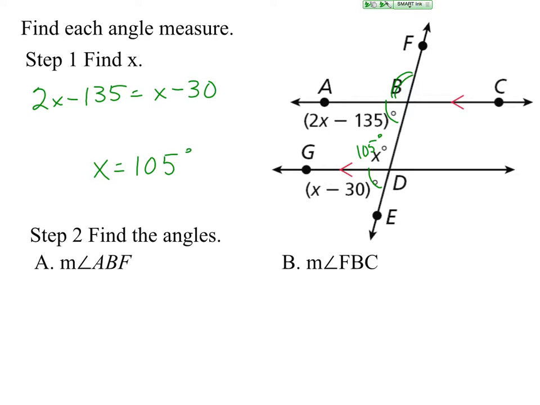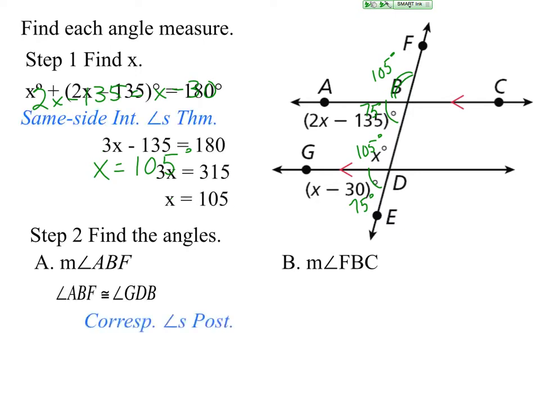What's 105 minus 30? 75. And this one must be 75 also because it's a same side interior or a corresponding. So the angle ABF that I'm after, 105, either based on linear pair or corresponding angles.